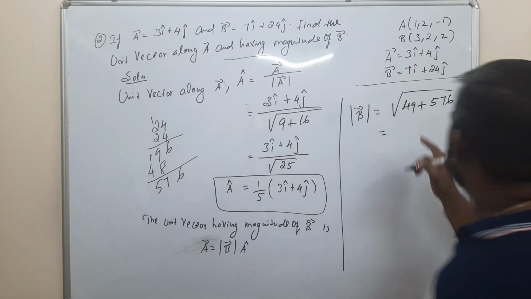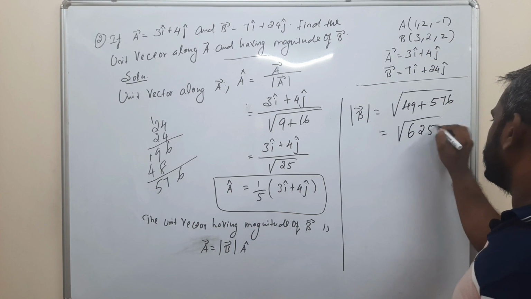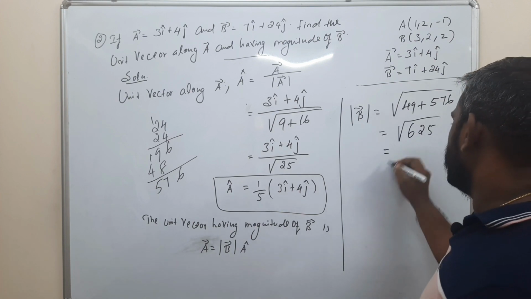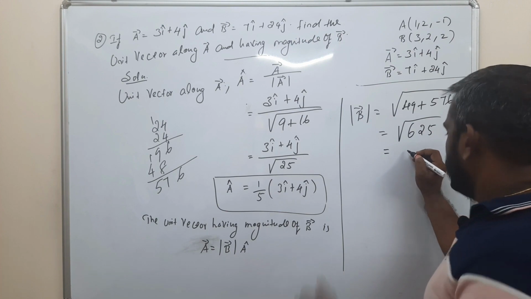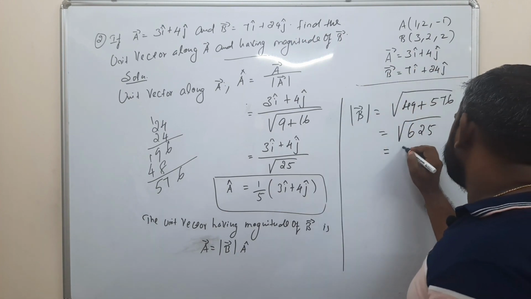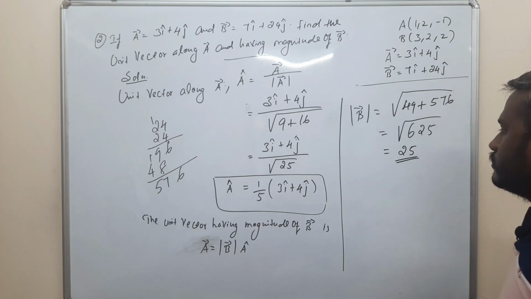So that's equal to 49 plus 576, that is root of 625. Okay, 625. So what is root of 625? That is 25. So this is mod B vector.